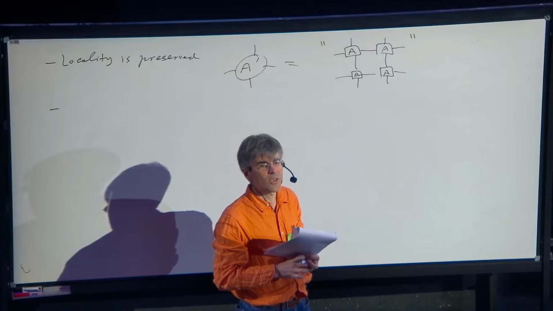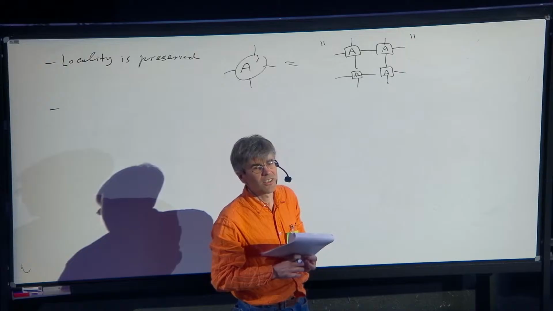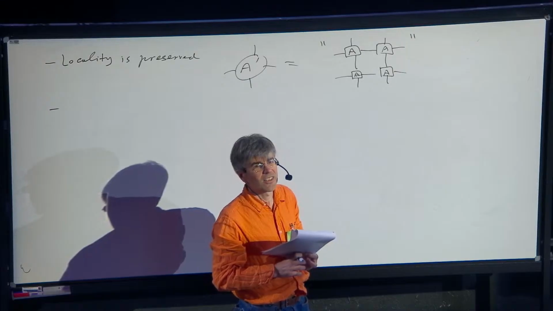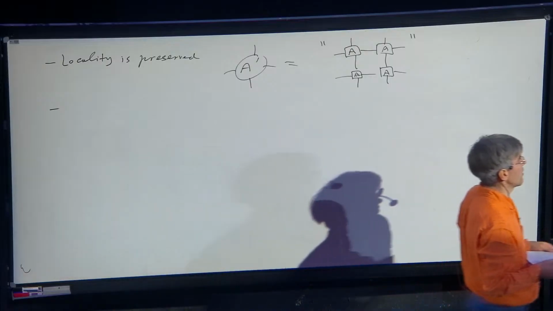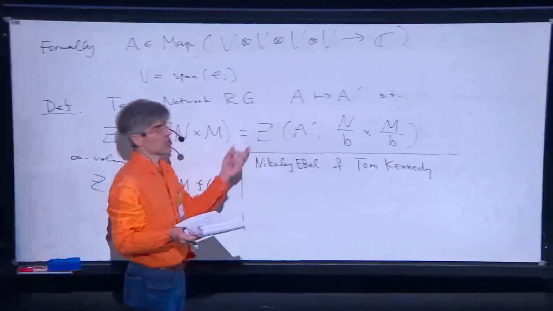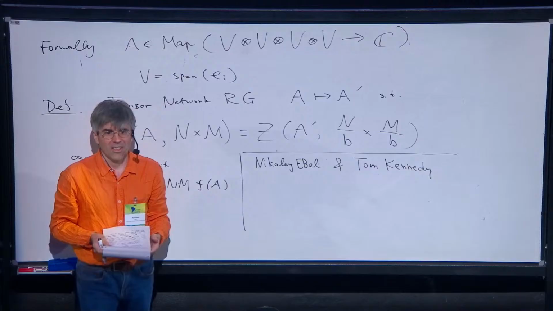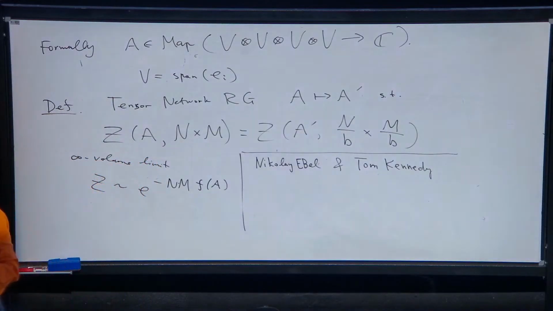It has to be exactly satisfied for any n and m. You don't view this equation as an equation to be solved for A prime. You have to find an RG map, a constant, so that this equation is satisfied. Exactly satisfied.